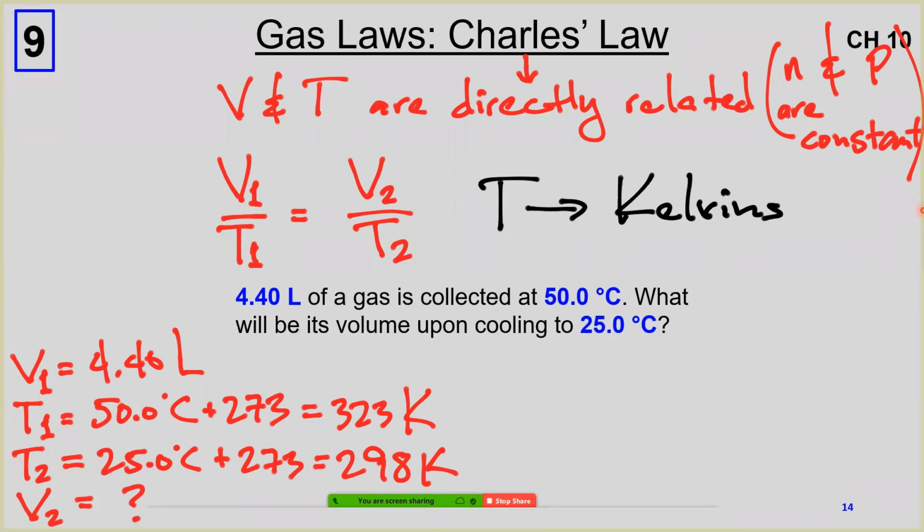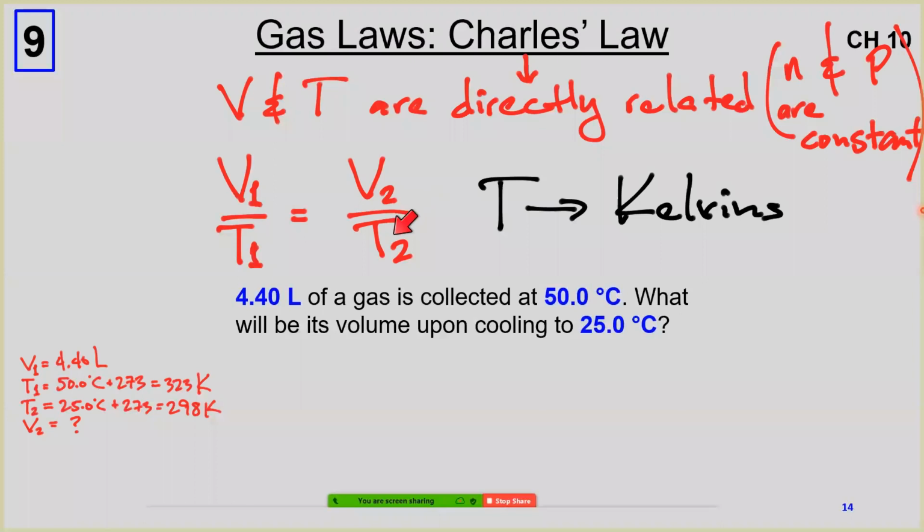So looking at the equation here for Charles's law, we have to isolate V2. How do we isolate V2 by itself? We have V1 over T1 equals V2 over T2. So all you have to do is cross multiply.